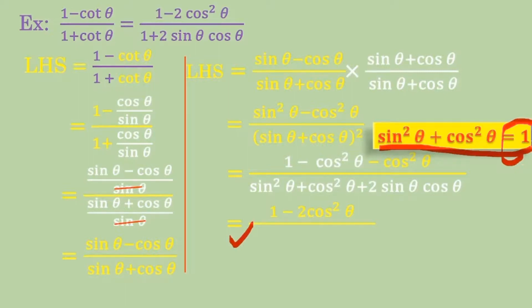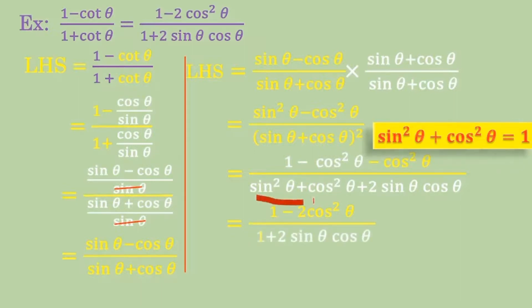In the denominator, replace sin square theta plus cos square theta with 1. Here twice sin theta into cos theta remains as it is. So LHS is equal to 1 minus twice cos square theta divided by 1 plus twice sin theta into cos theta.